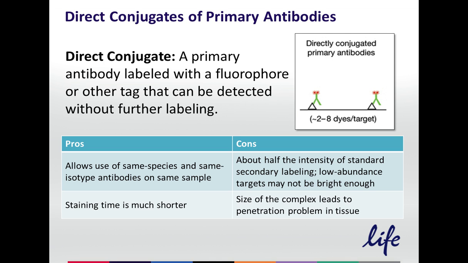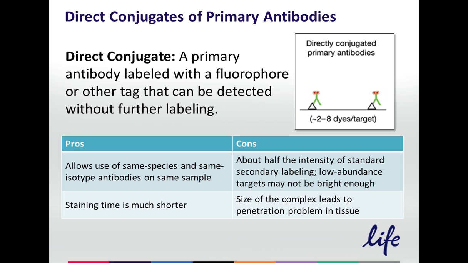Also, if you have multiple primaries that you're trying to use which are of the same species and same isotype, now you don't have to worry about some potential problems with cross-reactivity. So for instance, if you have 2 mouse primaries that you're wanting to use, you can directly conjugate them or purchase them already conjugated and use them together in the same labeling step.